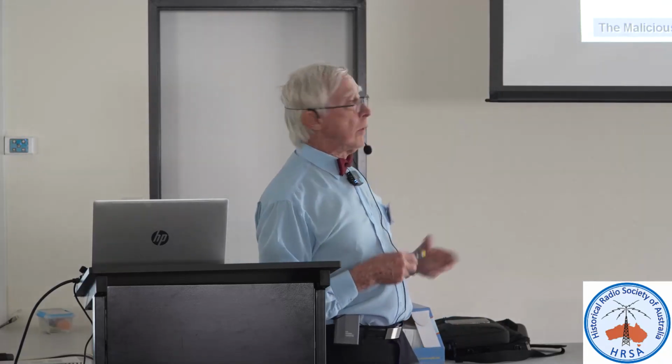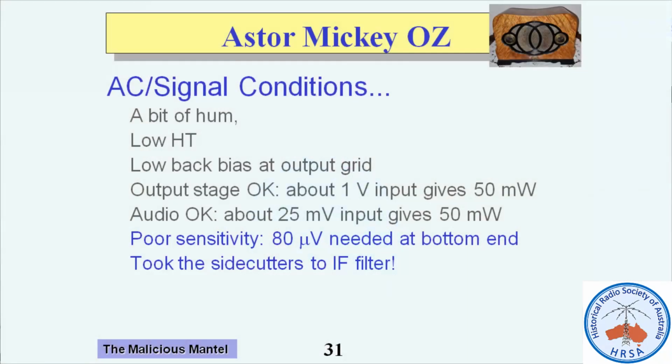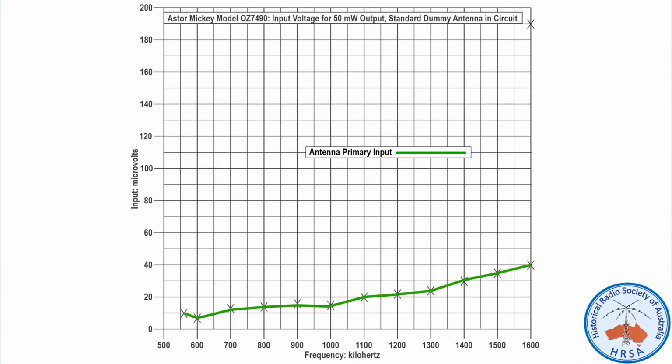So I looked at that and, well, that's the only thing that's wrong, surely. So, got out the side cutters and took out the filter and applied the signal directly in to C2, the 0.001. That's better.